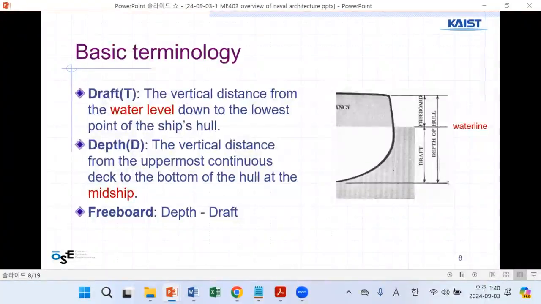That is the way the ship is floating. If you bring a big hull, steel plate, and put it on the water, it is floating, right? And if I put lots of heavy things, the submergence is increasing, and at some point it is submerged.